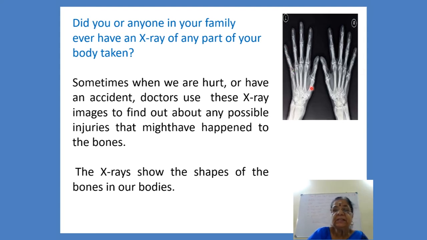In the X-ray these bones are clear. If there is a broken fracture or any changes in these bones, doctors will find it. That is why bones appear white in an X-ray. Did you or anyone in your family ever have an X-ray of any part of your body taken? This is an example I have shown. Sometimes when we are hurt or have an accident, doctors use these X-ray images to find out about any possible injuries that might have happened to the bones.